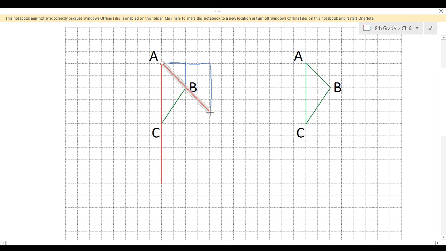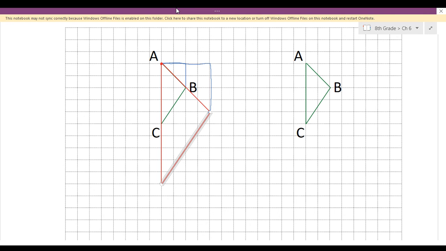Now, we don't have to do much else. We're just going to connect those dots. That's the key. Any diagonal lines that have to be scaled, we can just find the horizontal and vertical distance from the center of dilation and then operate the scale factor on those lengths and draw our new lengths and find our point.